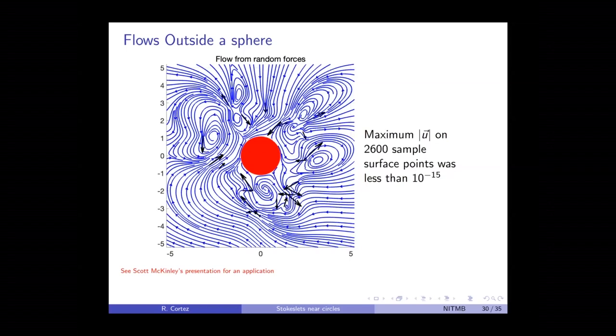The method of images for spheres, of course, existed for a long time, but for the regularized Stokeslets, it didn't, and we had to work a little bit hard to get it. And I'm showing you this because I just wanted to point out that there will be, I hope I got this right, Scott might be talking about some related problem to this.